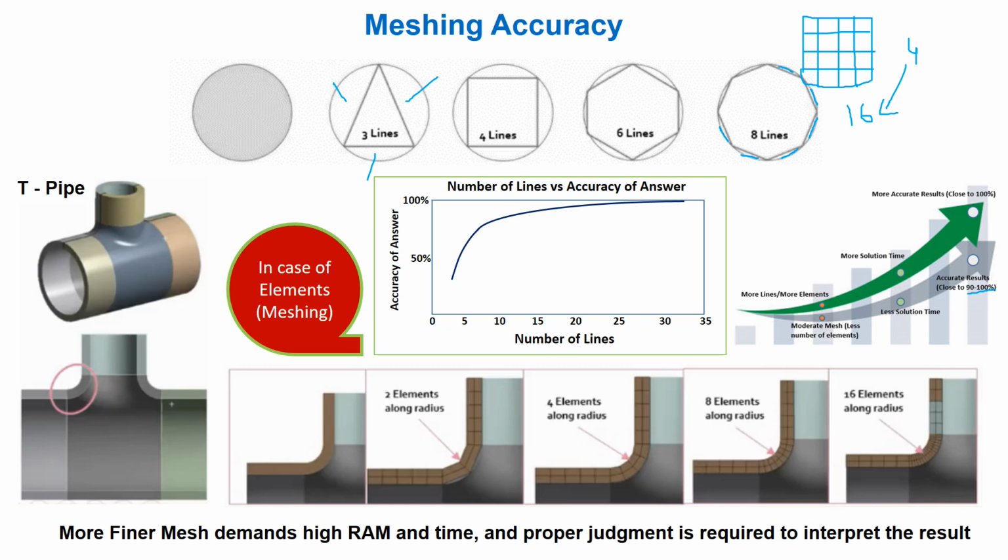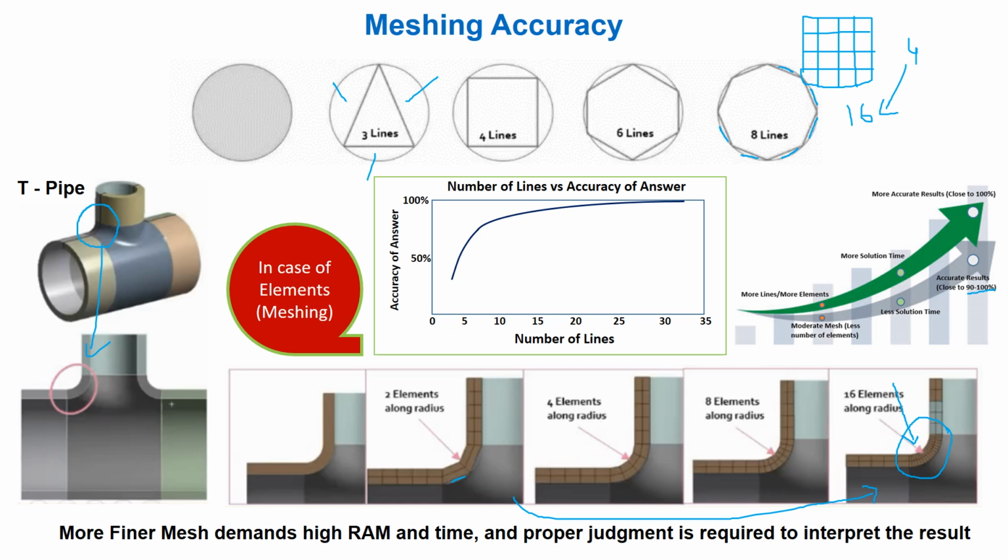In a similar fashion, if we consider a 3D model, and this zone is equal to this zone in 2D representation, with 2 elements along the radius, we can see some vacant area. But when we convert it to 4, 16 elements along the radius, we can see most of the zone has been covered, and if we analyze the stress on this zone, we get an accurate result compared to this one.